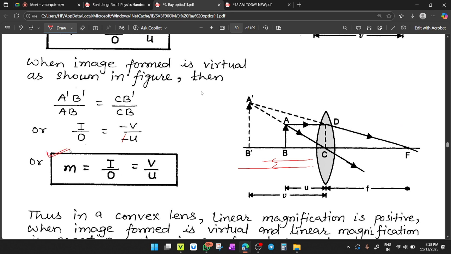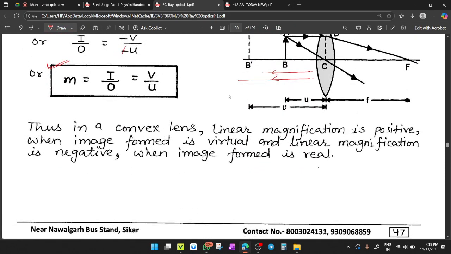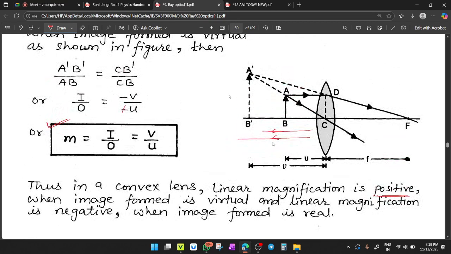So M equals I upon O equals V upon U. It means there is no impact whether the image is real or virtual. We will have the same formula for magnification, M equals I upon O equal to V upon U. Got it? Thus, in a convex lens, linear magnification is positive when the image formed is virtual, and linear magnification is negative when the image formed is real.